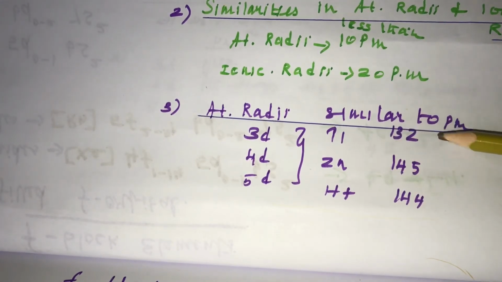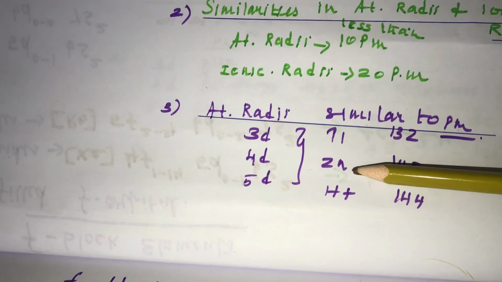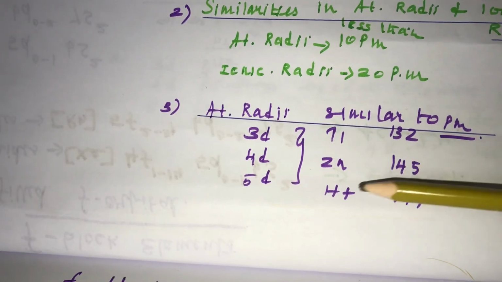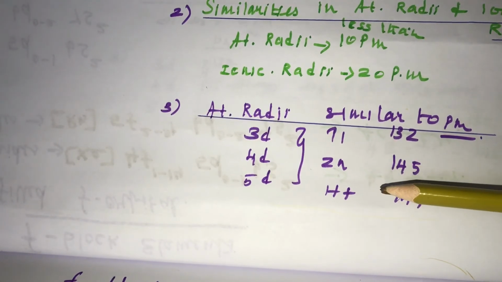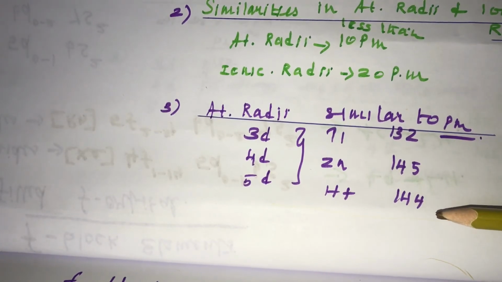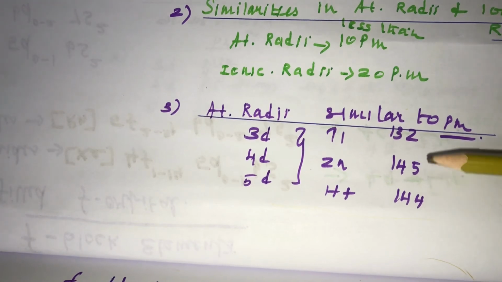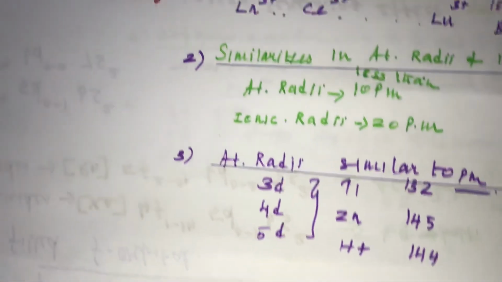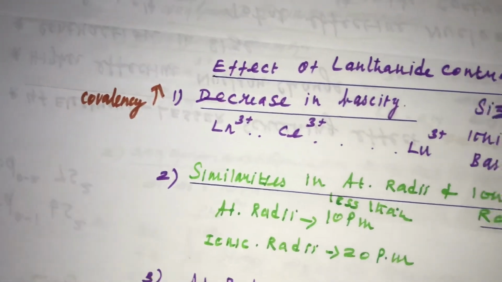Here titanium 3d is 132, 4d zirconium is 145 and 5d hafnium is 144. So the lanthanide ionic radii and atomic radii are almost similar to those of the 3d and 4d transition elements. So these are all the consequences of lanthanide contraction.